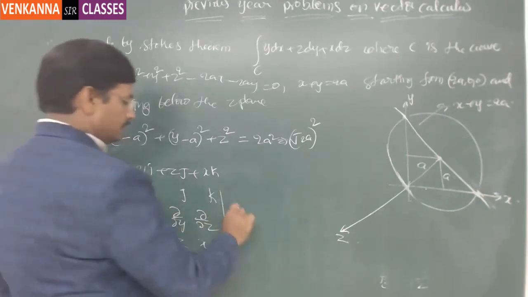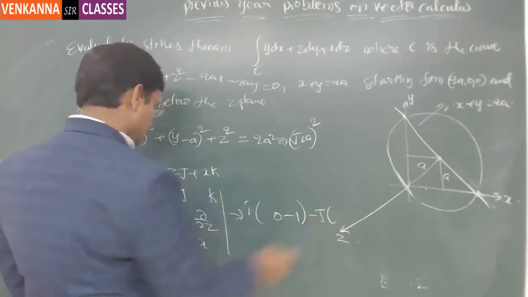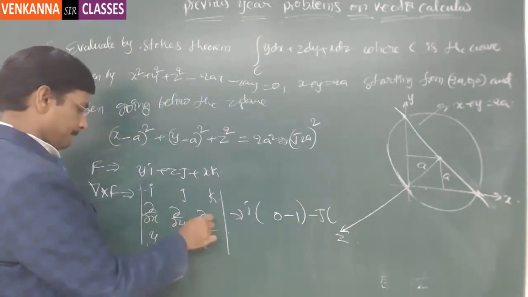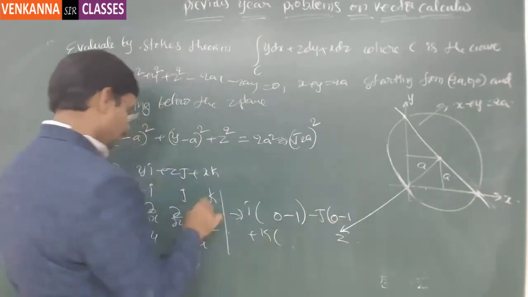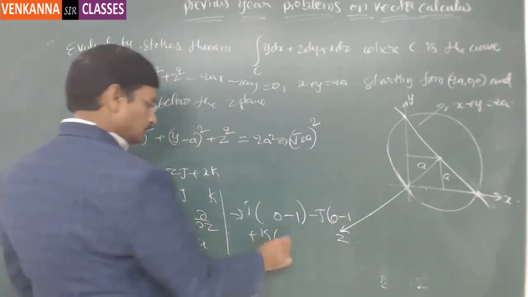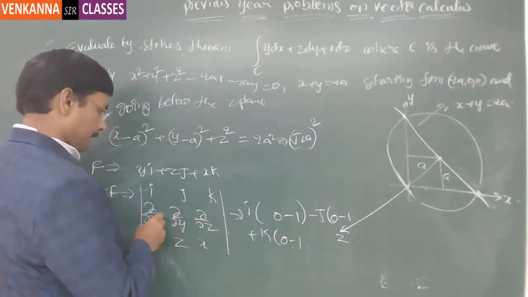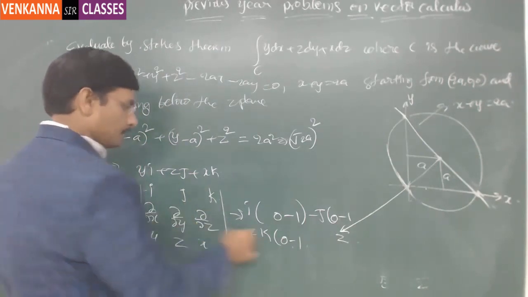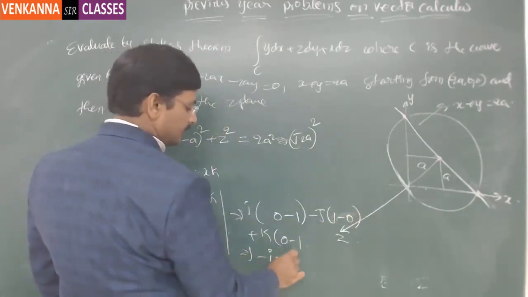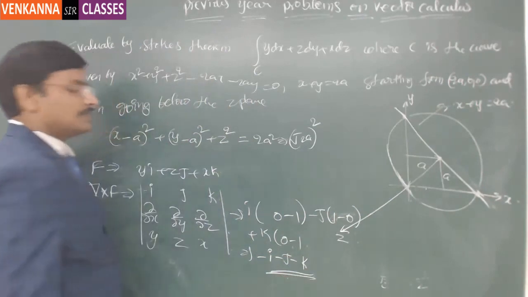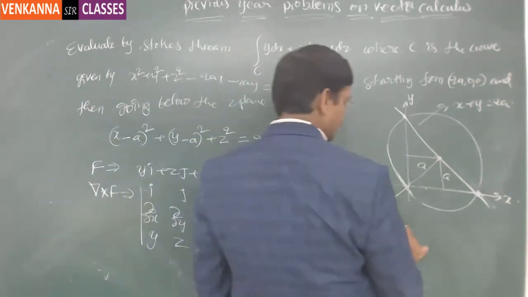So this value is i times of 0 minus 1, minus j times of 0 minus 1, plus k times of 0 minus 1. So this is going to be minus i minus j minus k. This is the del cross F value, right?